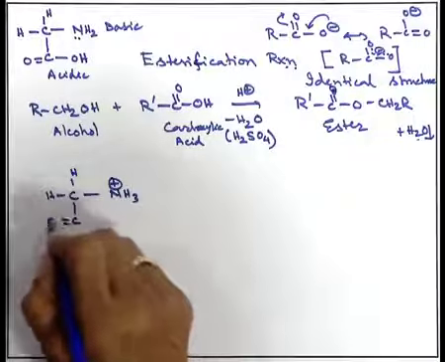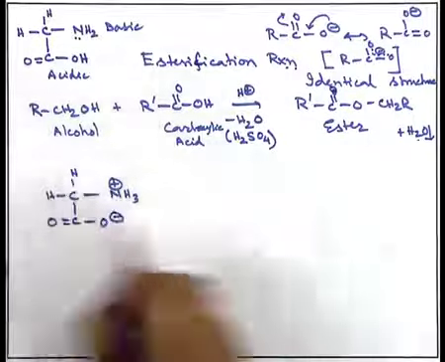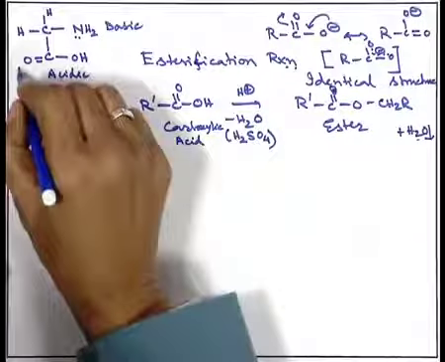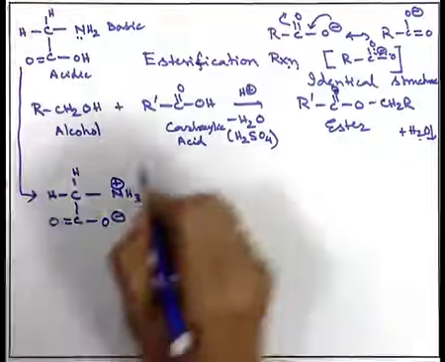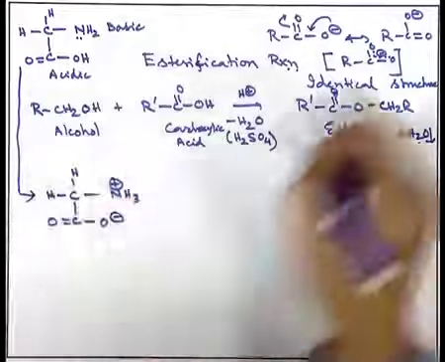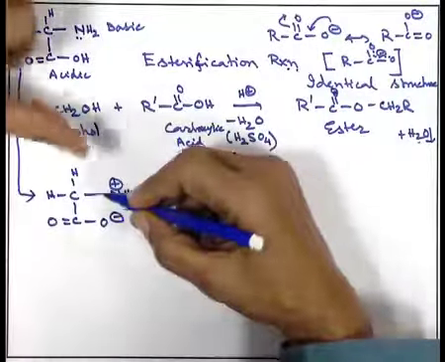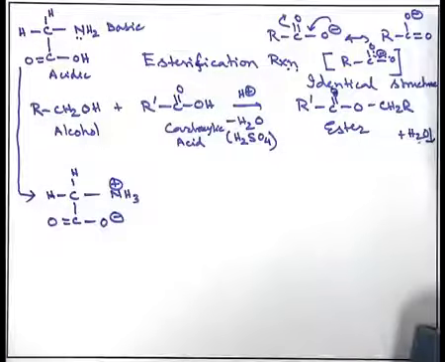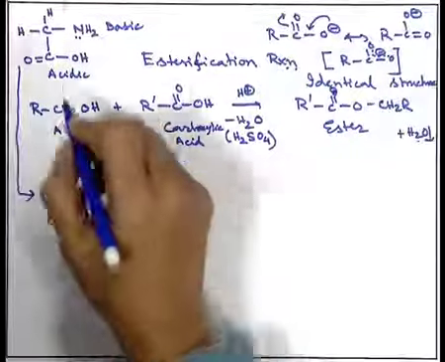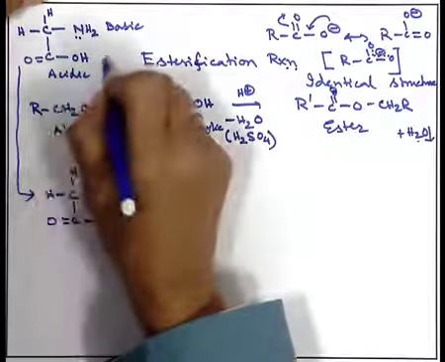It will form a species like this. What I have written is CH2 COO minus, and with this CH2 the substituent is NH3 plus. How is this coming from the simple compound, glycine?